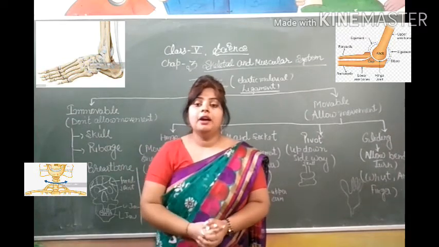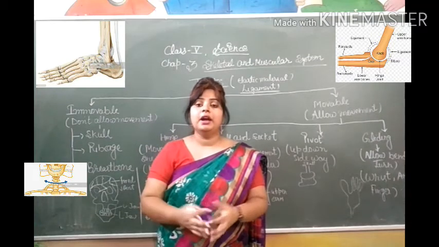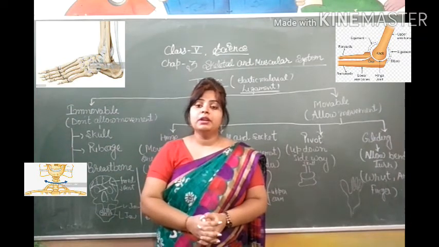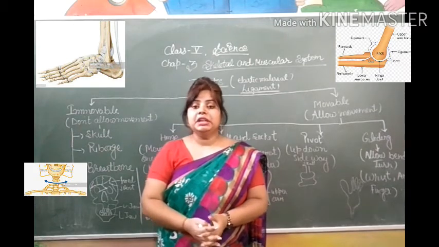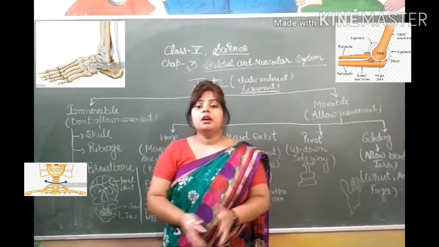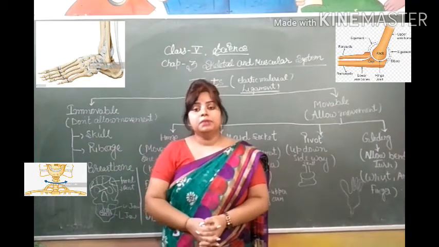Our skull has immovable joints, that's why we can't move our skull. The backbone and rib cage also have immovable joints, so we don't move the rib cage.